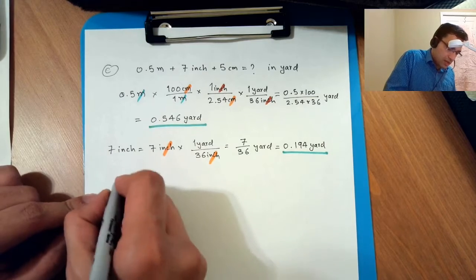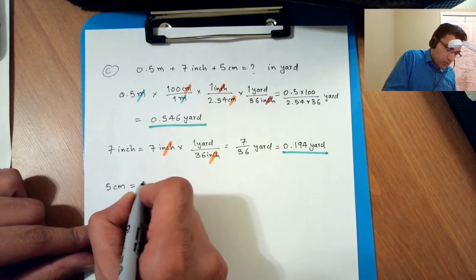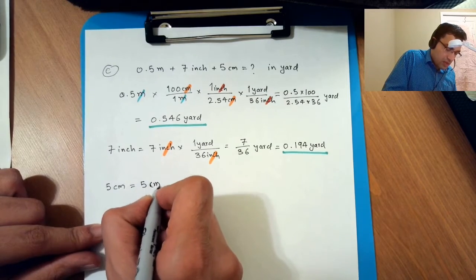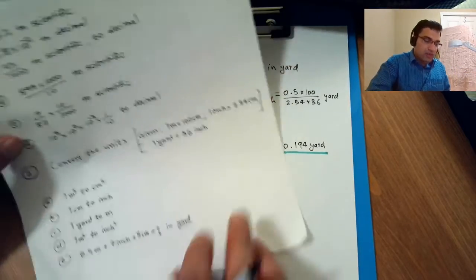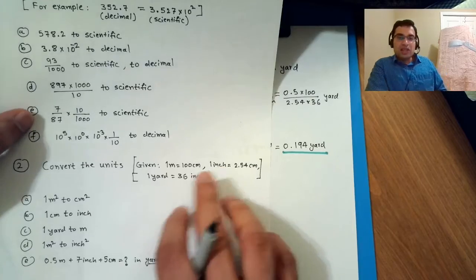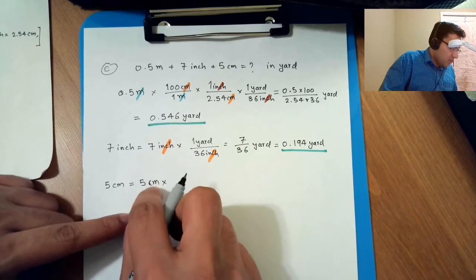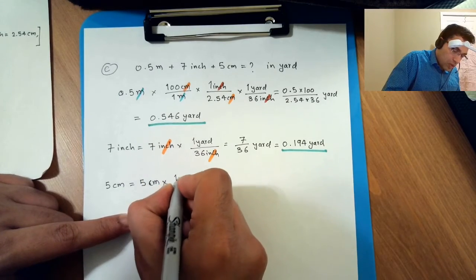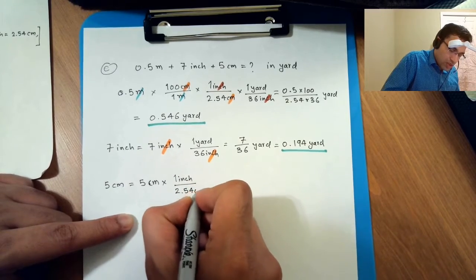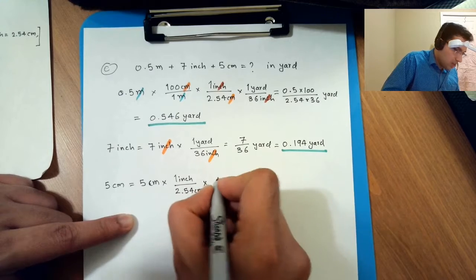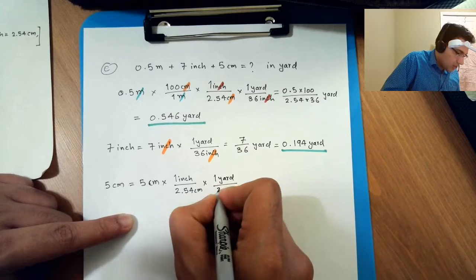5 centimeter. How about that? I want to convert that to yard again. So that's 5 centimeter multiplied by, I want to get rid of centimeter and get something else. I can convert it to inch, and then inch I can convert to yard. So the factors there are, to get rid of centimeter, 1 inch divided by 2.54 centimeter, and to get rid of inch, 1 yard divided by 36 inch.